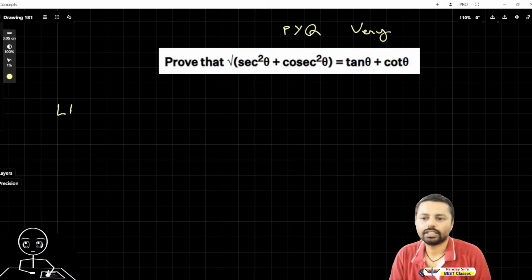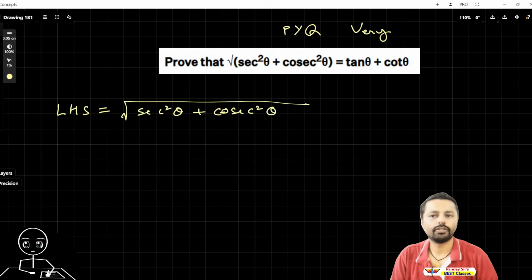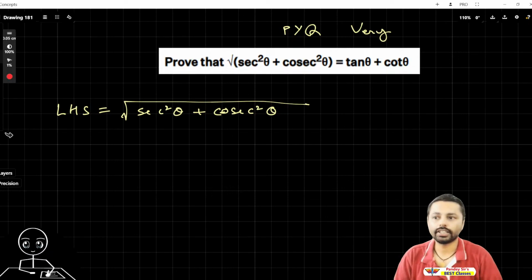Anyway, let's just write down the question. LHS equal to under root sec²θ plus cosec²θ. Now we need to convert it into tan theta plus cot theta. Now there is an identity.